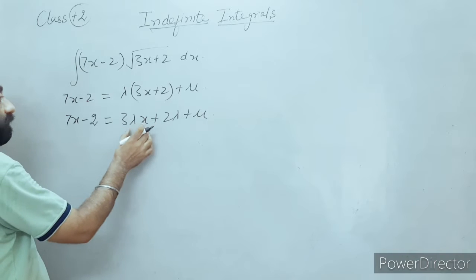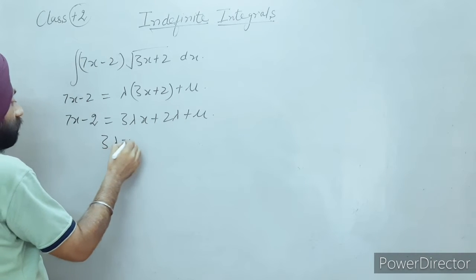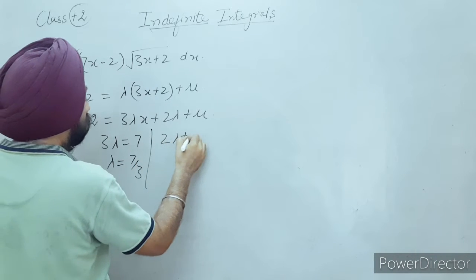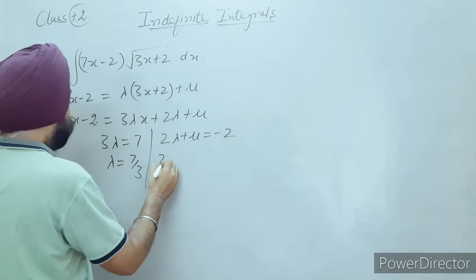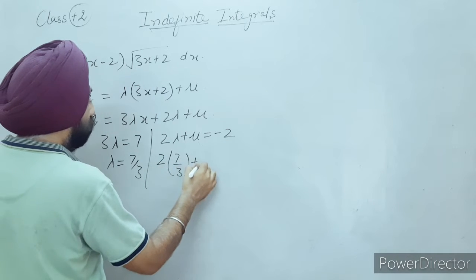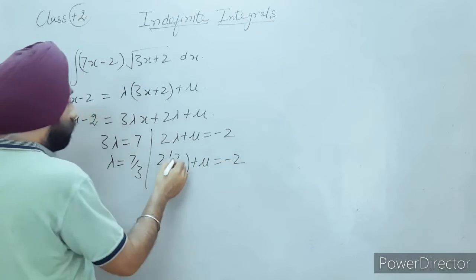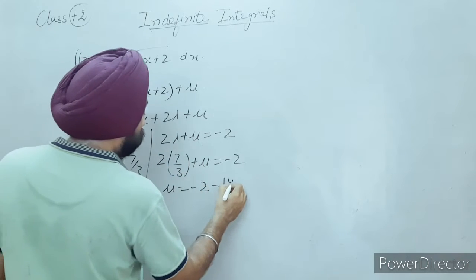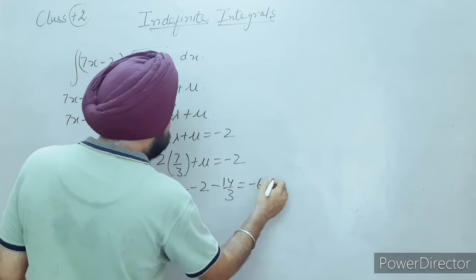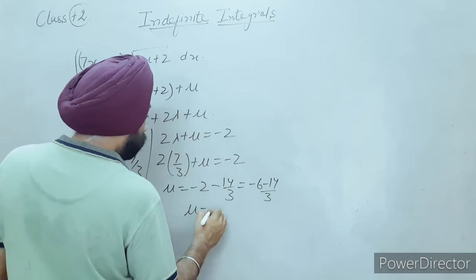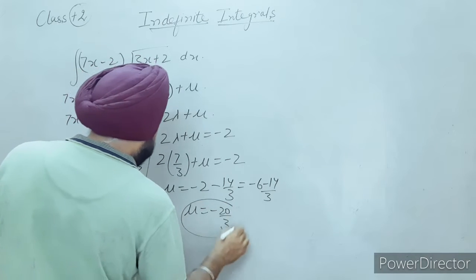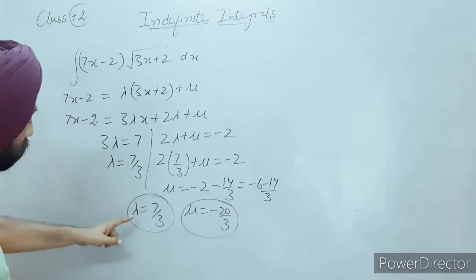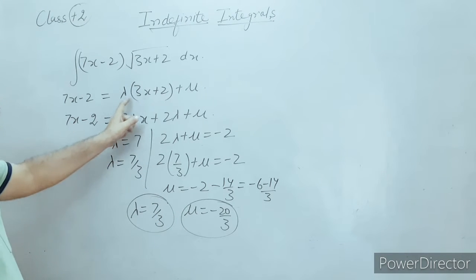Now compare the coefficients of x and constant terms. 3 lambda is 7, so lambda is 7 by 3. 2 lambda plus mu is minus 2, so 14 by 3 plus mu is minus 2, that is mu equals minus 2 minus 14 by 3. This is minus 6 minus 14 by 3, or mu is minus 20 by 3. I have the values of mu and lambda, so just substitute over here.